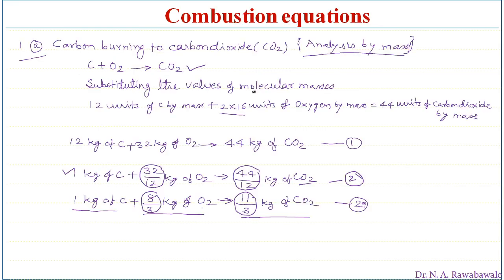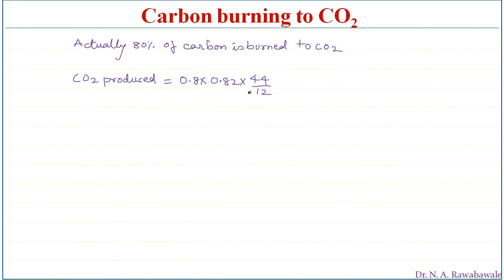Coming back to the previous, if we burn 1 kg of carbon it produces 44 divided by 12 kg of carbon dioxide. So 44 divided by 12 is produced if we burn 1 kg. If we burn 0.82 kg of carbon, out of that 0.82, only 0.8 is going to burn to carbon dioxide.